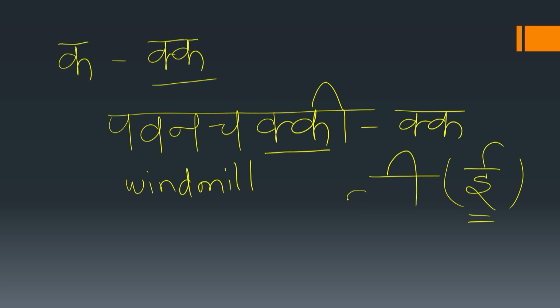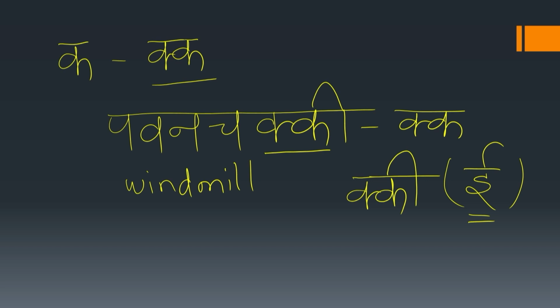Therefore, half ka and full ka with e swar, we get this. So, pavan chakki. The pronunciation of the first ka is half and the second ka is full. Pavan chakki, which means windmill.